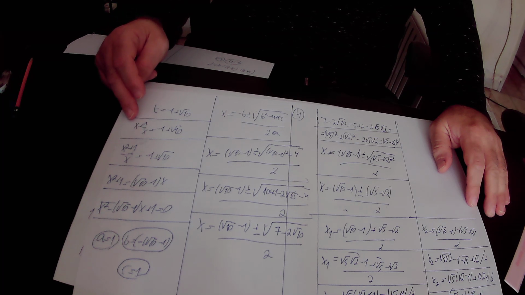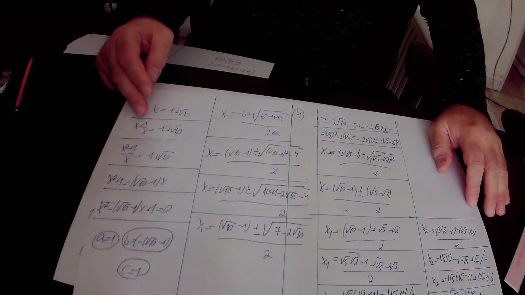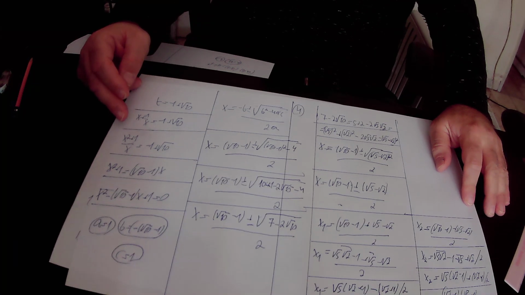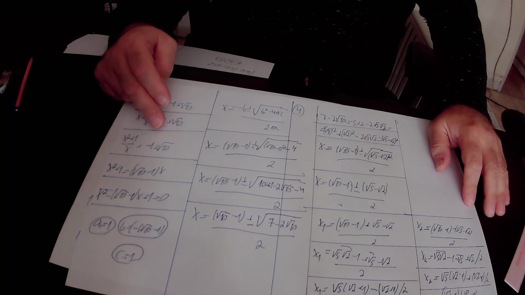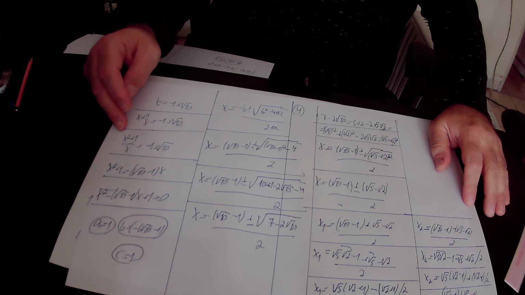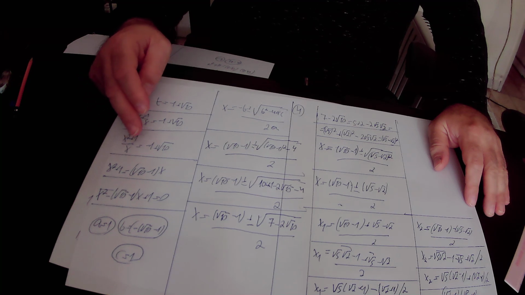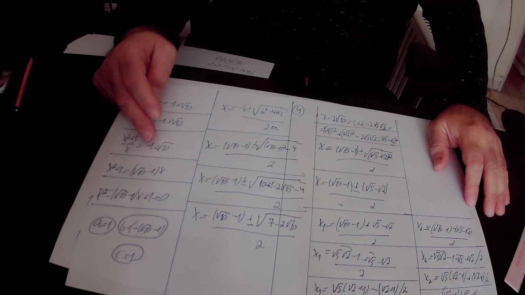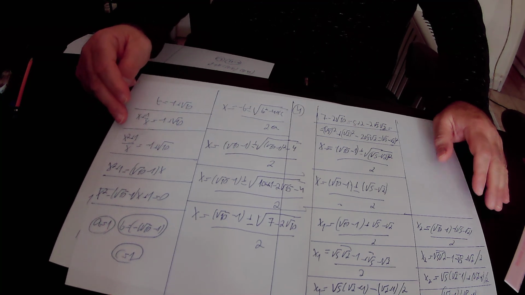Here we multiplied x by x, and then we divided it by x in order to have a common factor with 1 over x, and we got that x squared plus 1 over x equals minus 1 plus square root of 10. Here we multiplied this equation by x, and we found out that x squared plus 1 equals square root of 10 minus 1 times x.